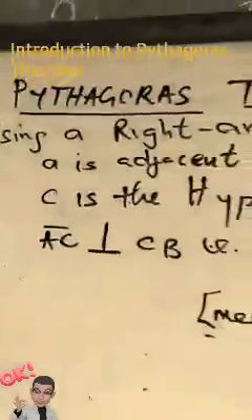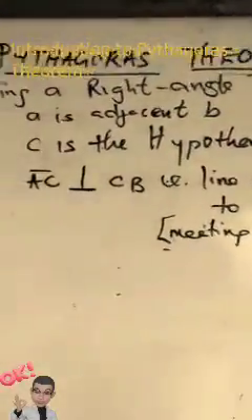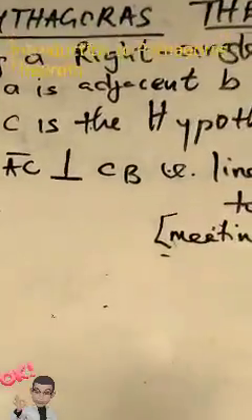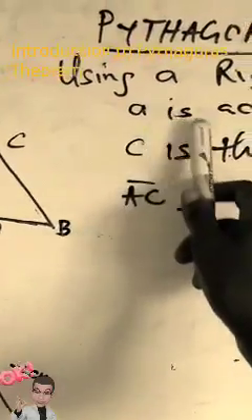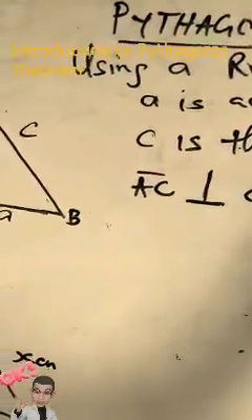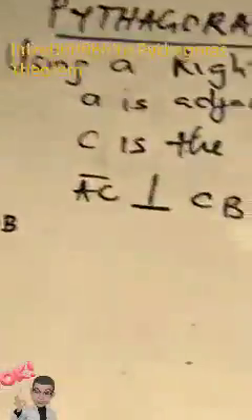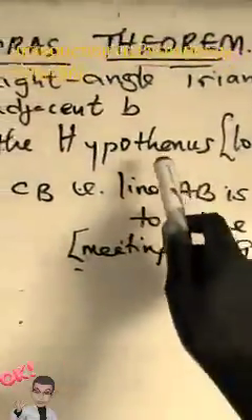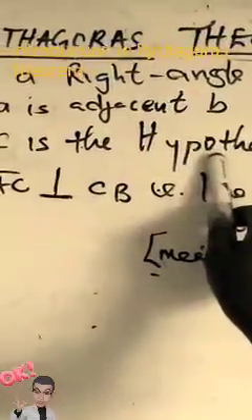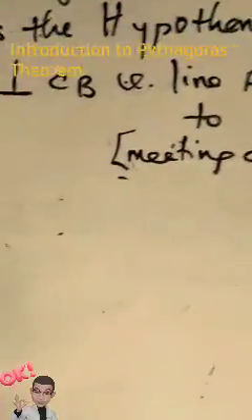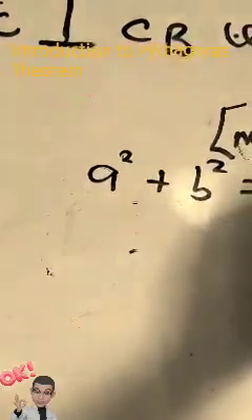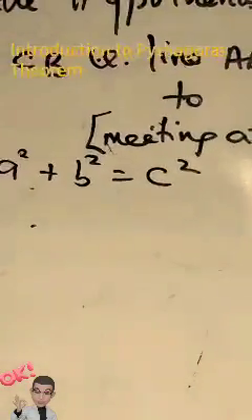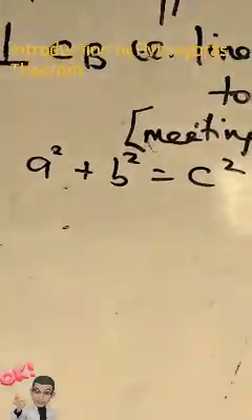Now, Pythagoras theorem, one of the many theorems we have in mathematics, is what we'll be using to solve these questions. Of course, we must identify the fact that A and B are adjacent to each other, while the longest side of the triangle is the hypotenuse C. The theorem says that the sum of the squares of the two adjacent sides is equal to the square of the hypotenuse.